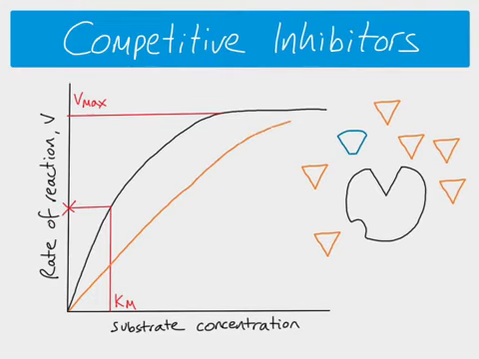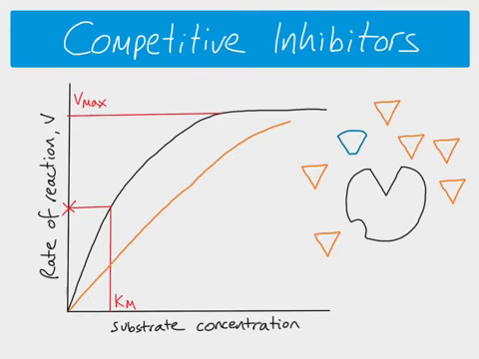However, if you keep increasing the substrate concentration, it becomes far less likely that the inhibitor molecule is going to collide successfully with the enzyme, because there are just far more substrate molecules compared to inhibitors. So it becomes a case of probability.